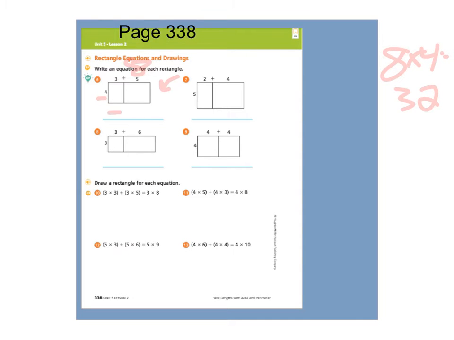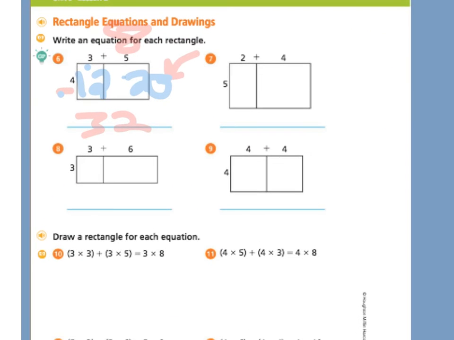So this would be 32 square units. Now, if you're decomposing, you would do 2 smaller problems. So you'd have 4 times 3 is 12. And then you'd have 4 times 5 is 20. And 20 plus 12 is 32. So it's breaking it apart.